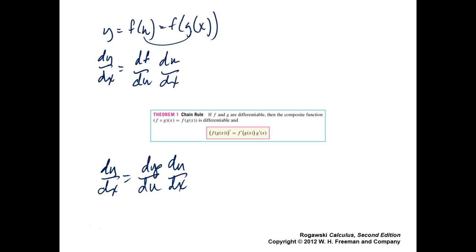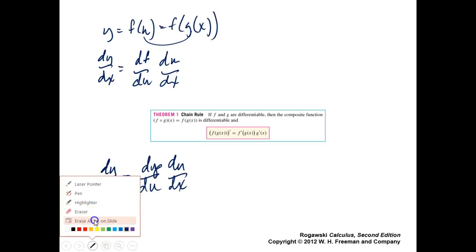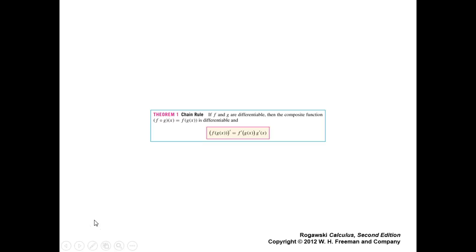All right, I don't think they do example 5, so let's do it also. Imagine a sphere whose radius r increases at the rate of 3 centimeters per second. So I'm going to try to draw a sphere.